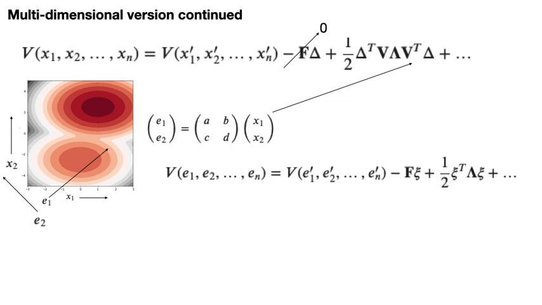Furthermore, the first derivatives in the vector f and the second derivatives in lambda are derivatives with respect to the projections on the eigenvectors. For f, this actually makes no difference. Because we're still expanding starting from a minimum, the derivatives of v with respect to e1, e2 and so on are still 0.